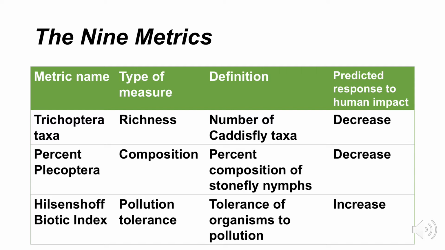We go to the table, the HBI. It's a measure of pollution tolerance. The definition is tolerance of organisms to pollution. And basically, this index increases with more human impact.